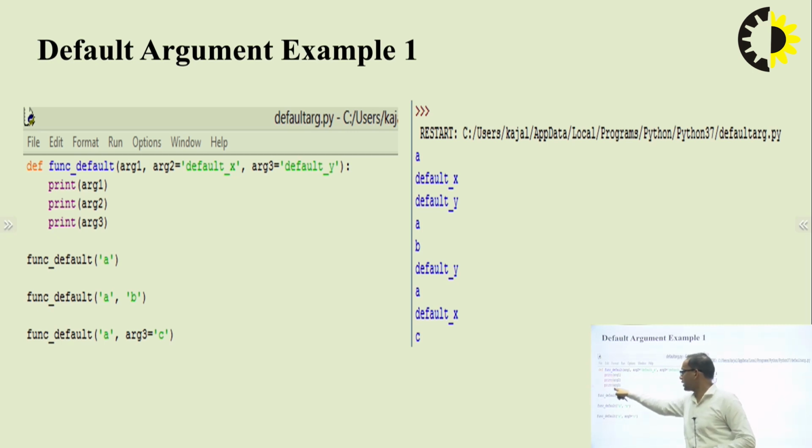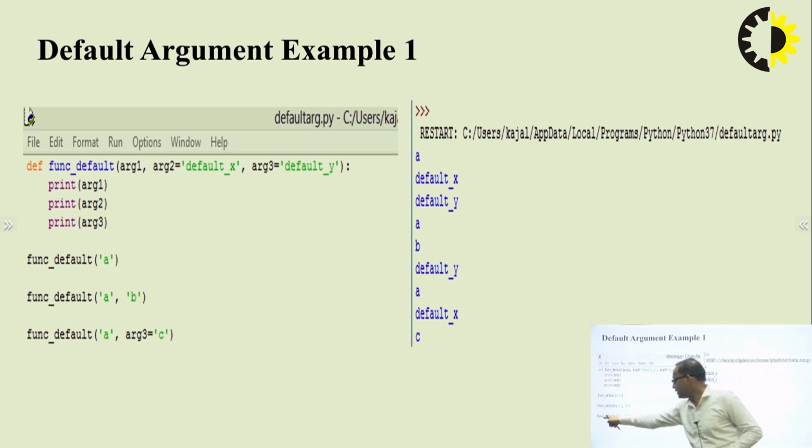Again these three statements will be executed. So when print arg1 executes, the arg1 value will be a, and the value of arg2 will be b. And since the third argument is not passed, for arg3 the default value will be considered. Hence, when this function is called, the output will be a, b, and default y.